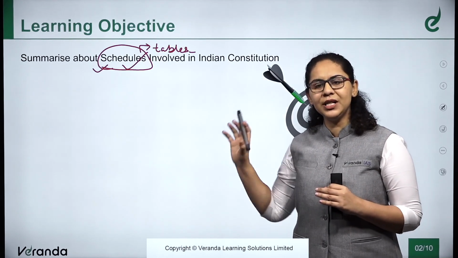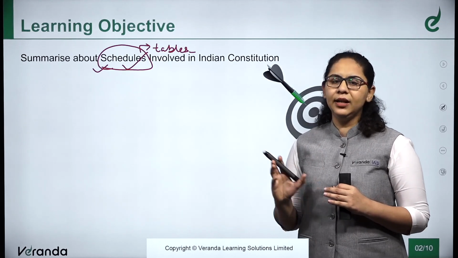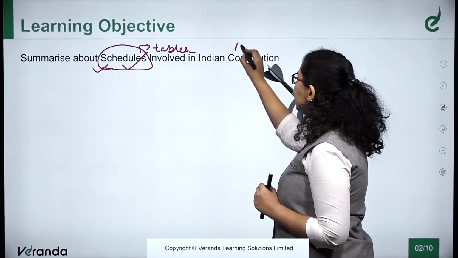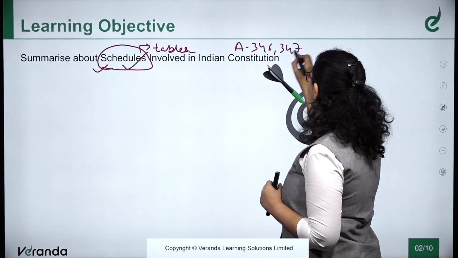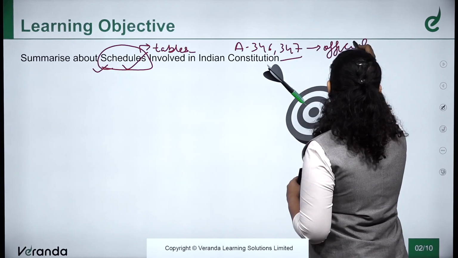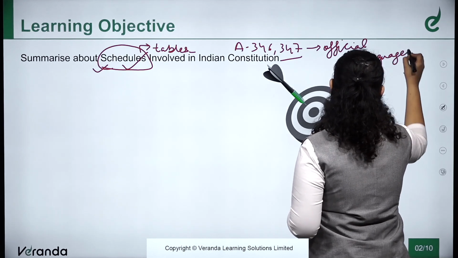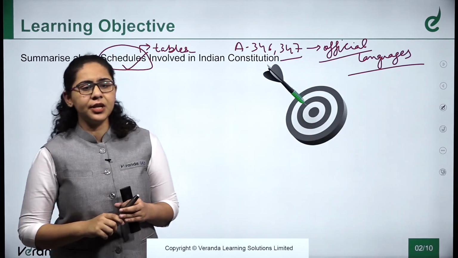Schedules are those tables which have the extra information which is not there in the article. So basically, for example, let me explain you. In Article 346, 347, we talk about official languages. But there are 22 official languages in Indian Constitution.